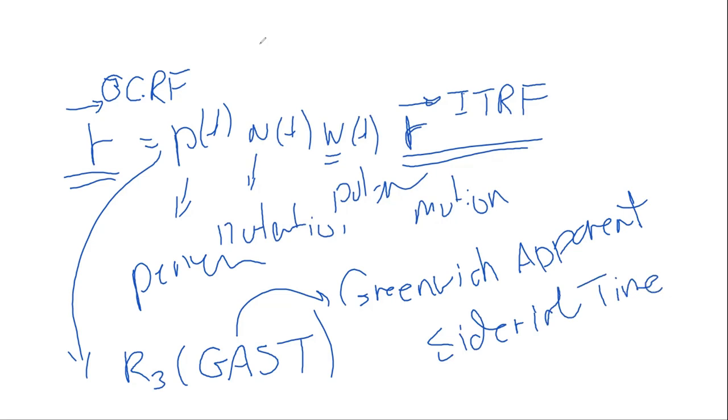So you need to do four transformations to transform the coordinates from the ITRF system to the CTRF, or geocentric CTRF. So this is the first important thing that you need to consider for satellite geodesy, physics, and for determining the gravity field.